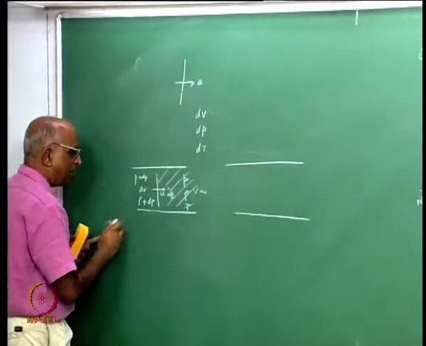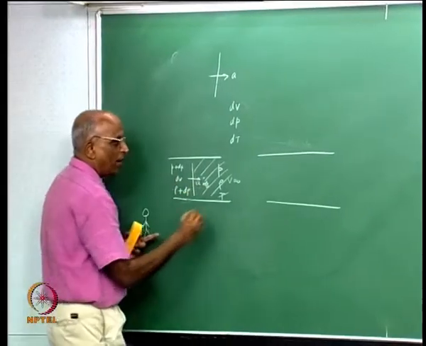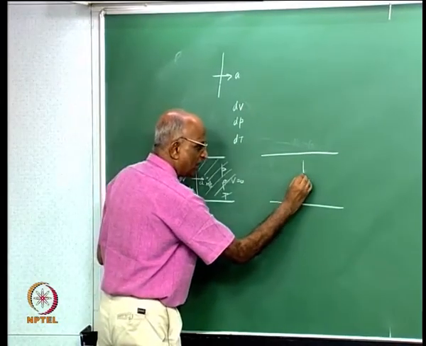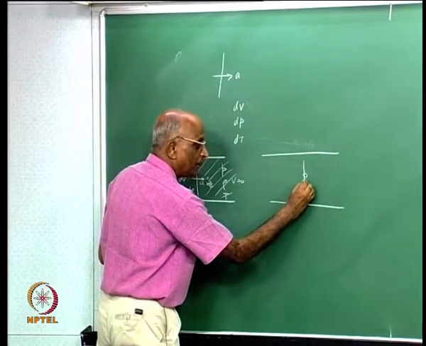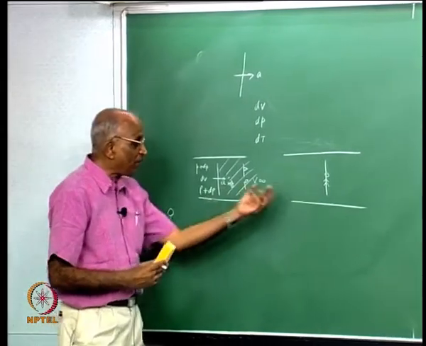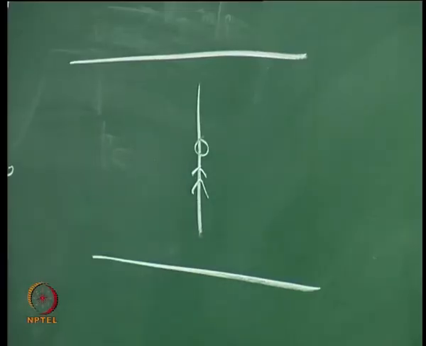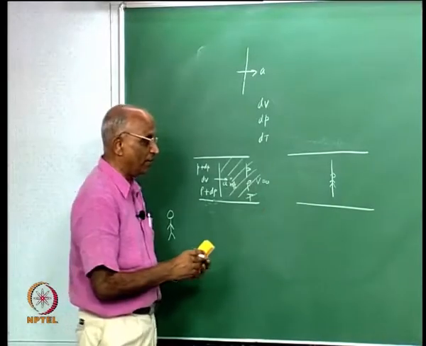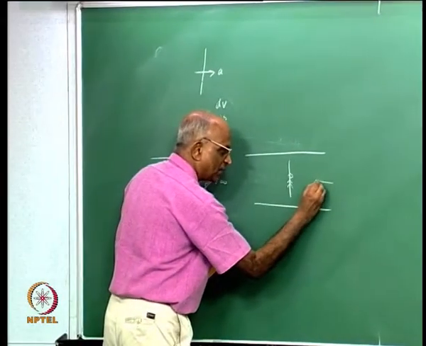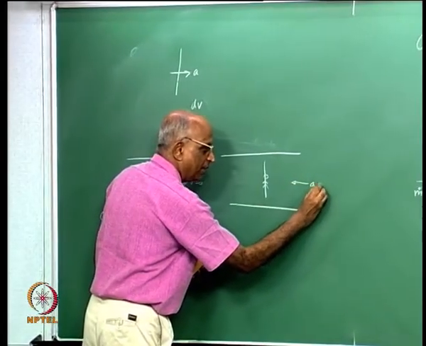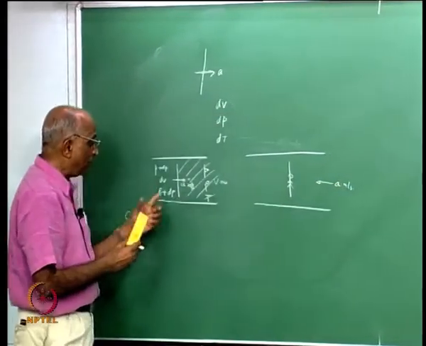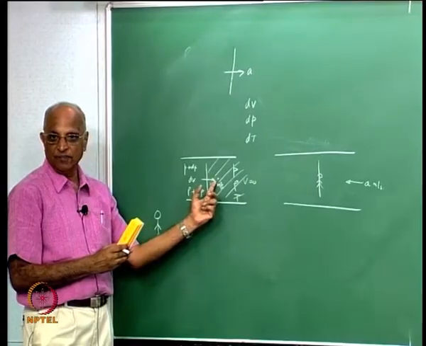Instead of me standing here and watching the wave go by, I position myself on the wave, and now I can find out what is the difference over here because nothing is happening. If I stand on the wave and I am moving along with the wave, I see the gas coming towards me with a speed a meters per second, because the wave moves with a velocity a.